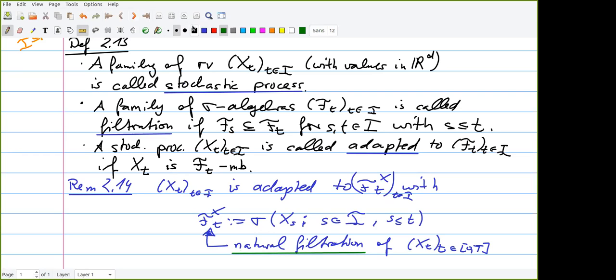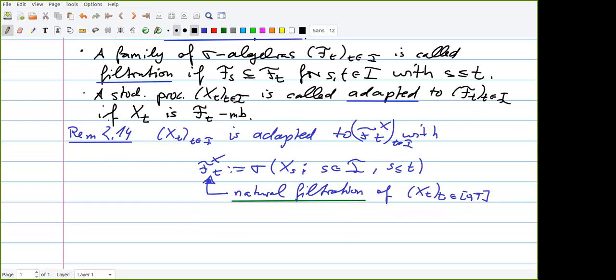And if I'm not specifying in the future to which filtration the process is adapted, then I usually assume that it's adapted to its natural filtration.